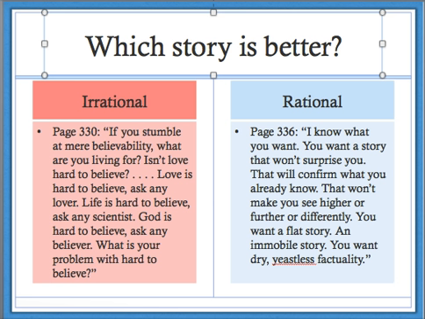The rational story, the one that seems more realistic, is a horrible story, a traumatizing story, and it reveals the worst about human nature. And Pi conveys it as being a story that is flat, that is realistic, that is what he calls dry, yeastless factuality.